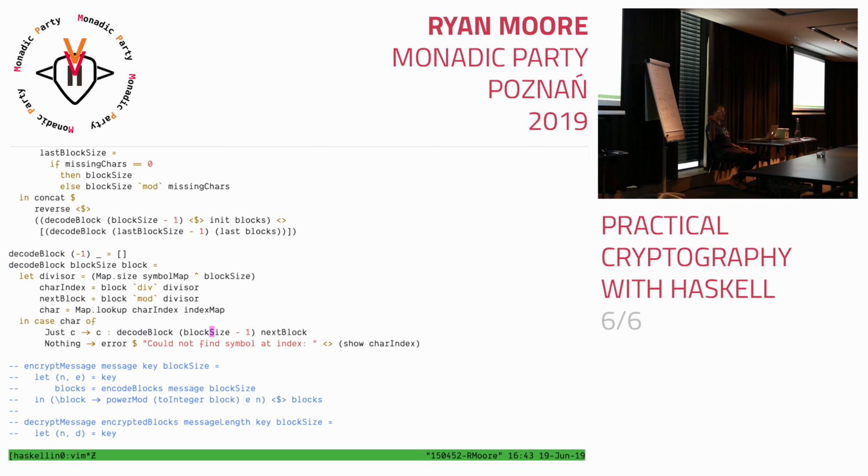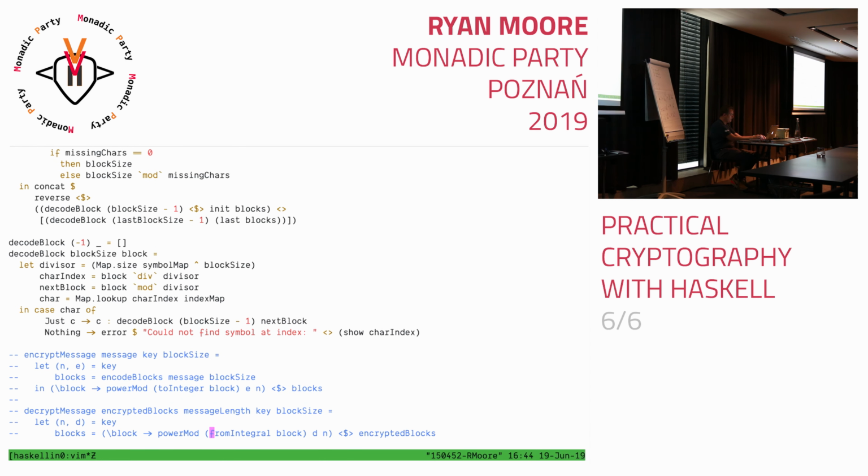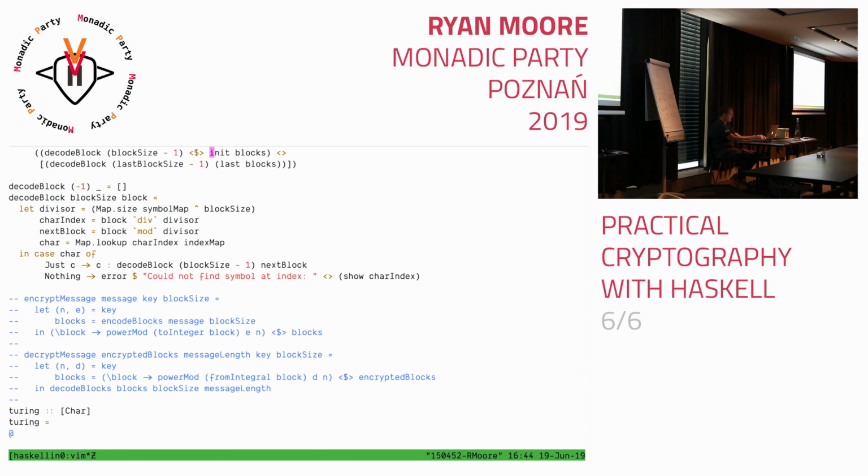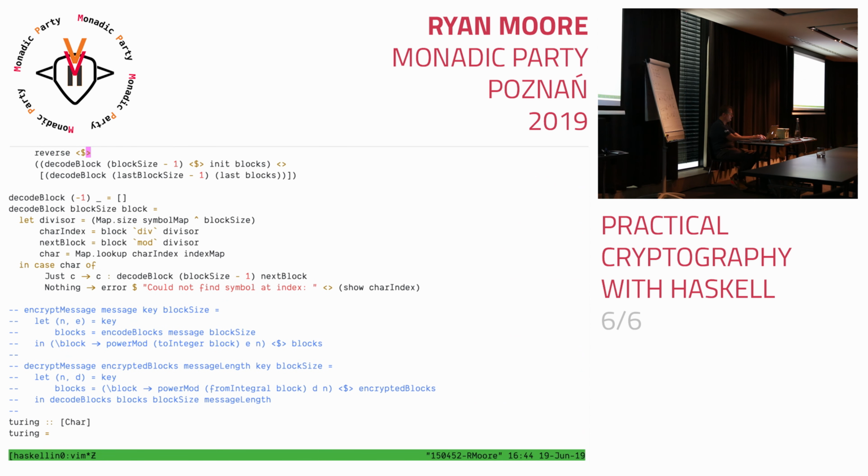And then finally, we call with -1, which cons each cell of the list onto the empty list. So just classic list recursion here. And that's decoding and encoding.